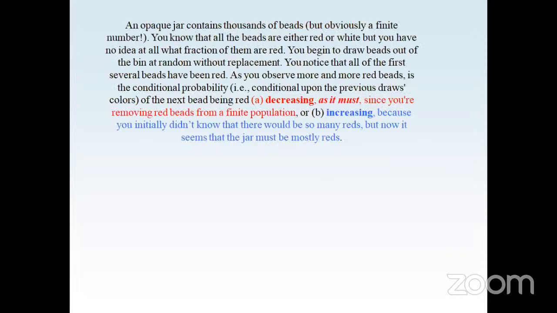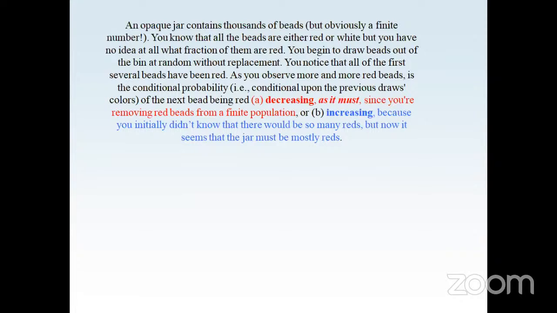Okay, one more example. An opaque jar contains thousands of beads, but obviously a finite number. You know that all the beads are either red or white, but you have no idea what fraction of them are red. Means you just know the colors are red or white, but you don't know the exact numbers. So you begin to draw beads out of the jar at random without replacement, and you notice that the first several beads are red.